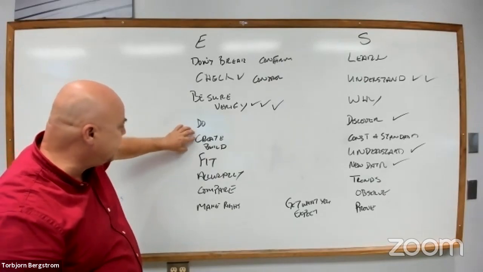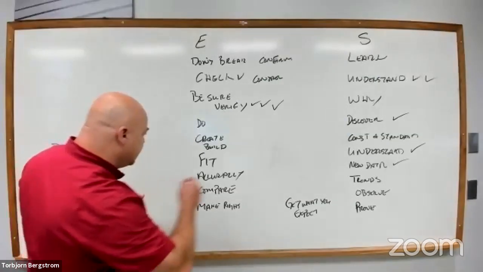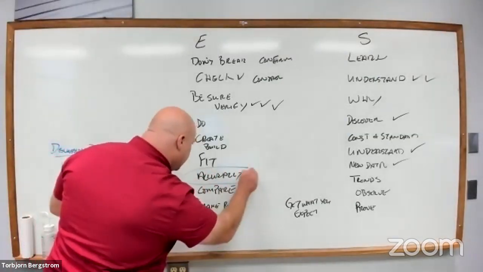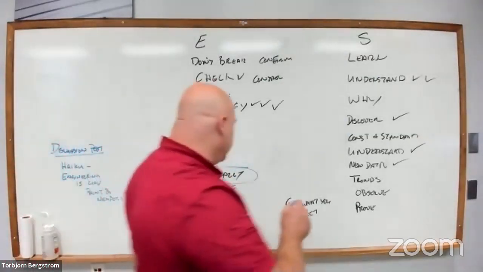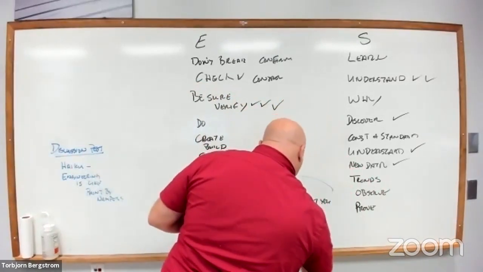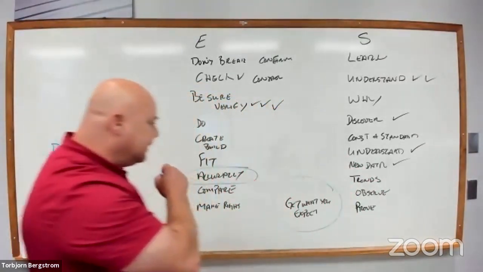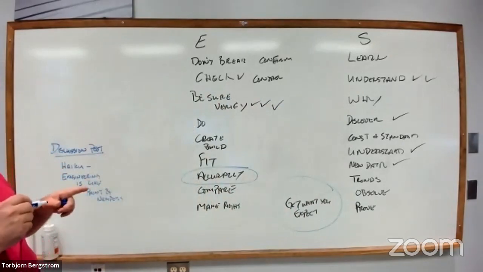We're trying to create something. I want to circle this word accuracy. We're going to talk about this in depth. And I put this get what you expect in the middle because the person said that they both measure to get what they expect.